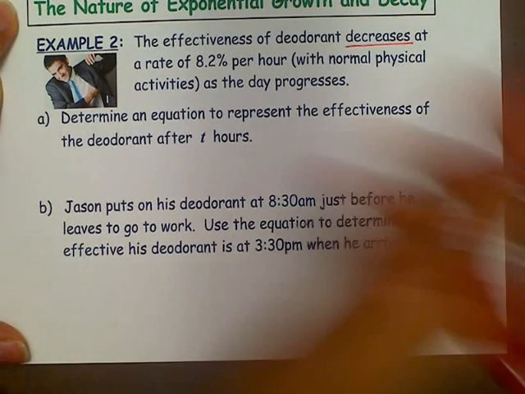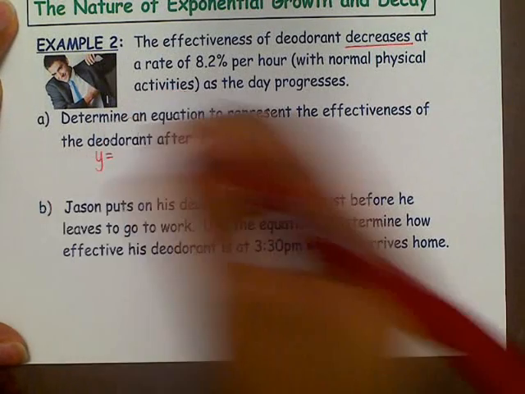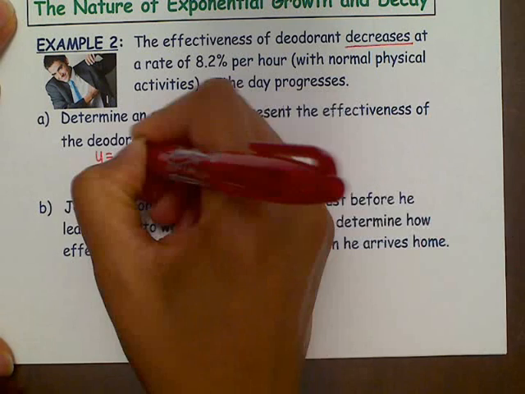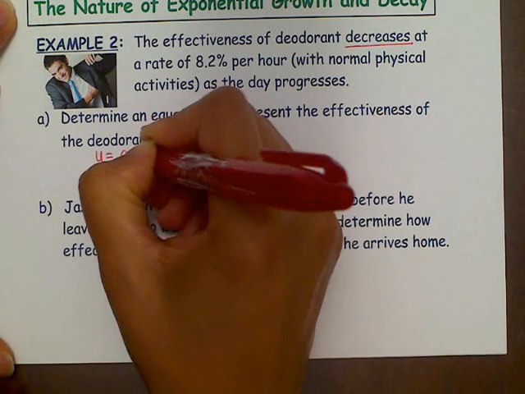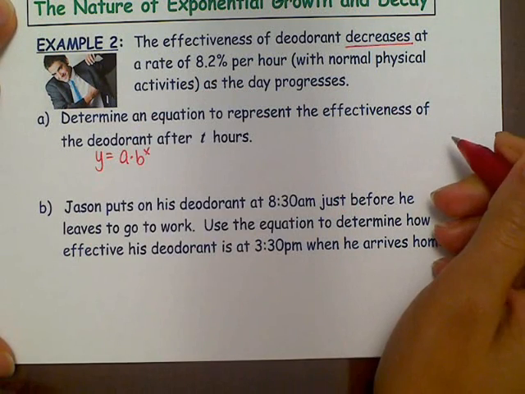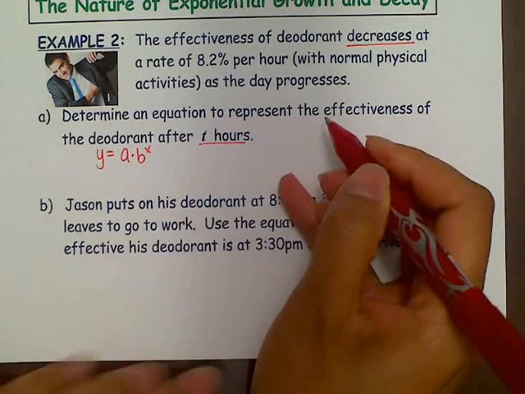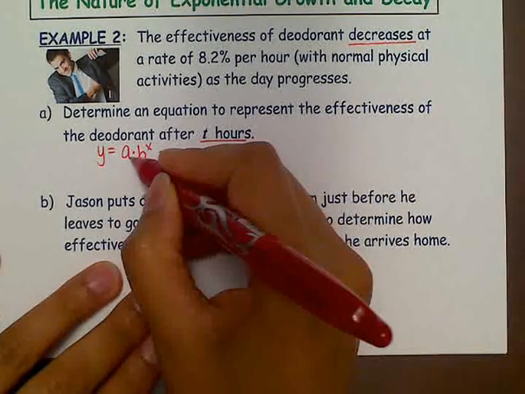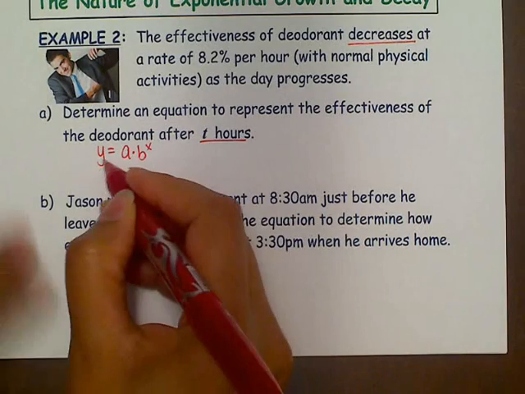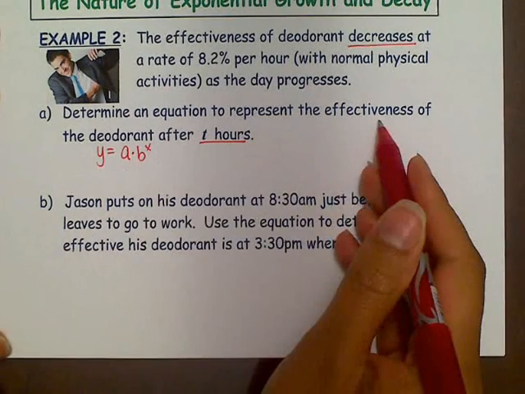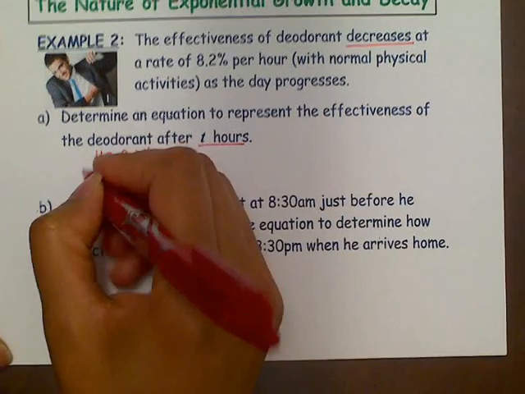Okay? So in part A, it says determine an equation to represent the effectiveness of the deodorant after t hours. So again, because I know this is an exponential growth or decay, I'm going to start with the formula. And then I'm going to plug in the information that I know. So my t value is already in hours, that I already know. What I need to figure out is what variable I should use for y.